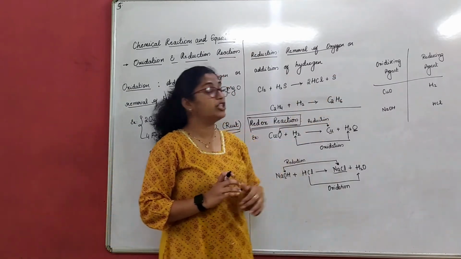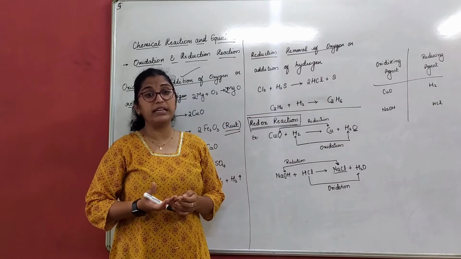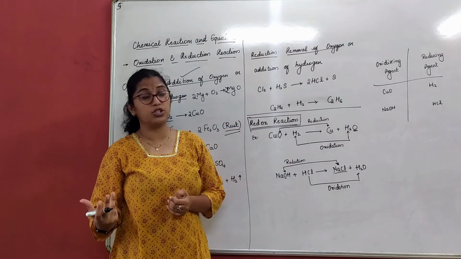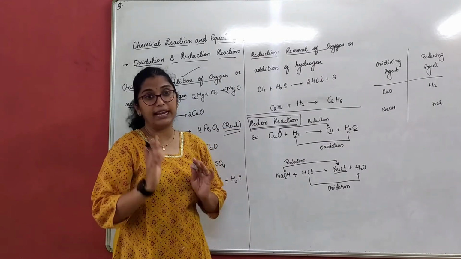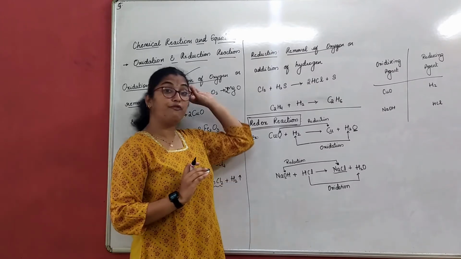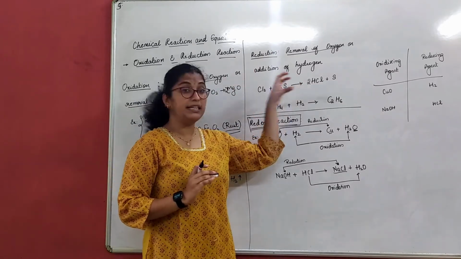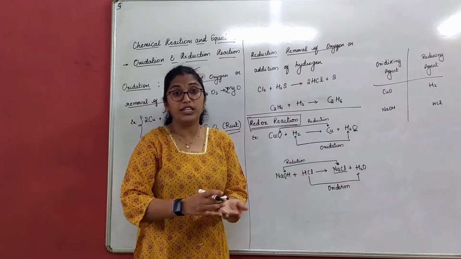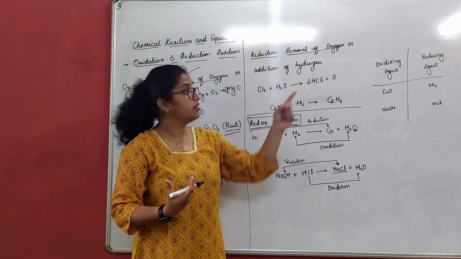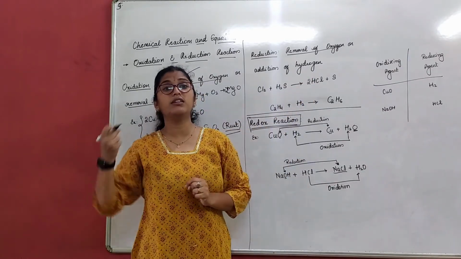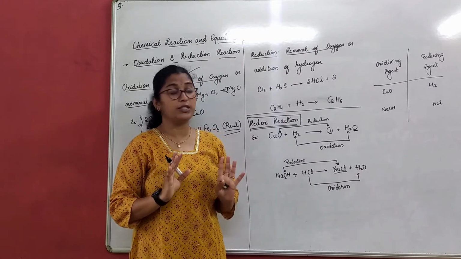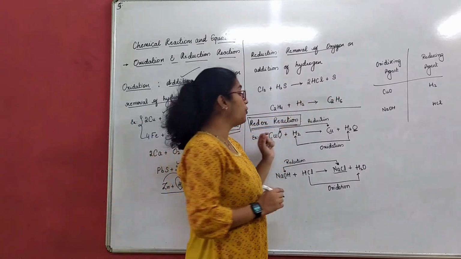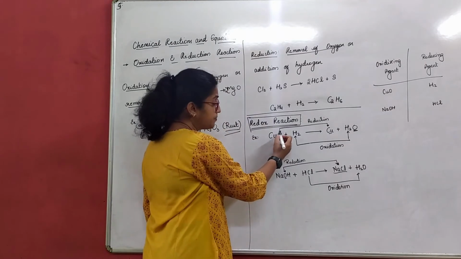What is a reducing agent? A reducing agent is something which removes oxygen or adds hydrogen. Correct? From the definition only. An oxidizing agent is an agent which gives oxygen. A reducing agent removes oxygen. Remember this much. From here we understand now copper oxide.